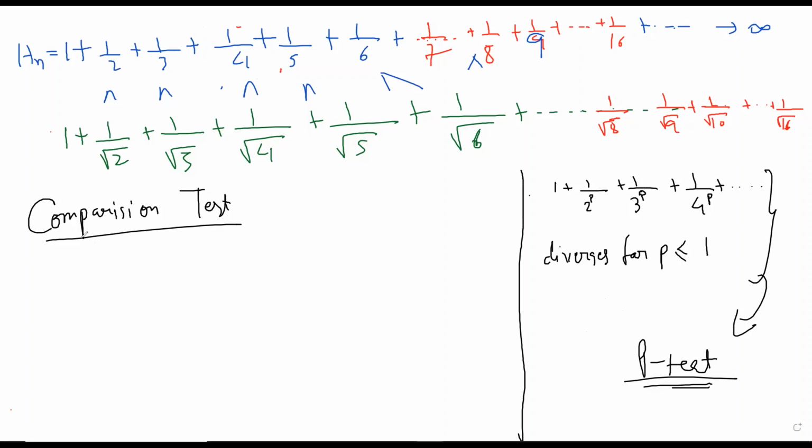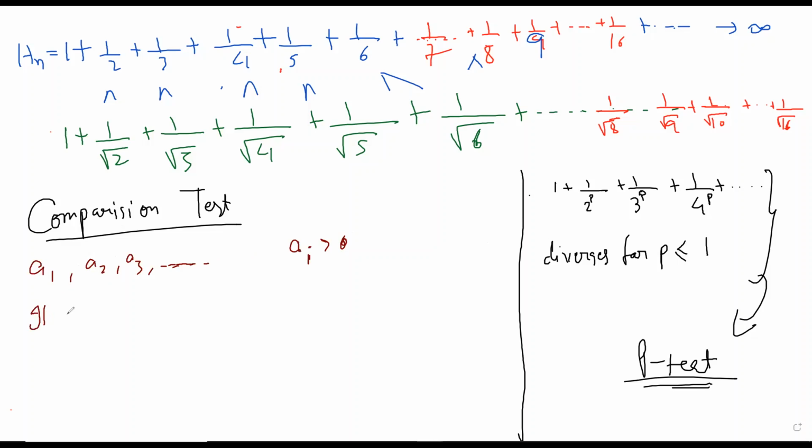Let's just write the comparison test first, because this is very basic, and we basically use the comparison to conclude this. So if a1, a2, dot dot dot, and these a_i's are all positive. You don't really need positive here, but we are doing positive series, so let's just write positive.